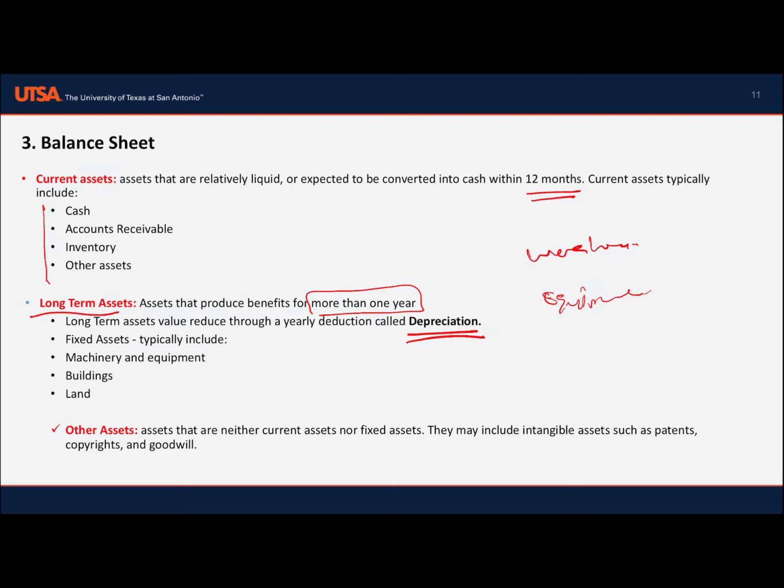Also, long-term assets include fixed assets: machinery, equipment, buildings, and land. And other assets include assets that are neither current assets nor fixed assets. They may include intangible assets such as patents, copyrights, and goodwill.